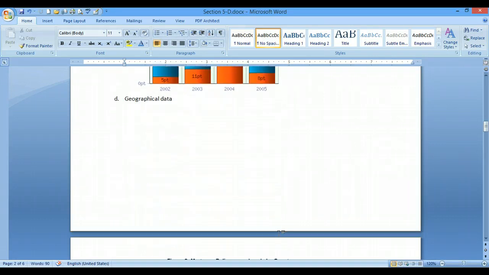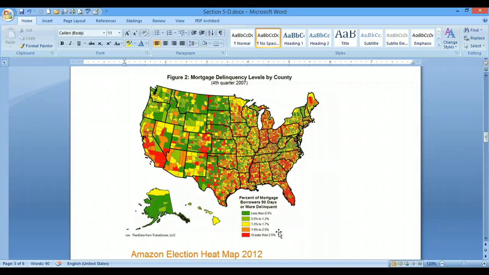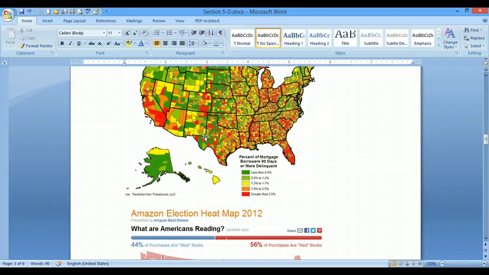The next kind of data would be geographical. And so we can take some sort of a map, and in this one we have mortgage delinquencies, and it's broken up in states but also in counties.